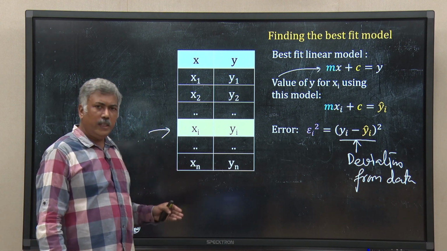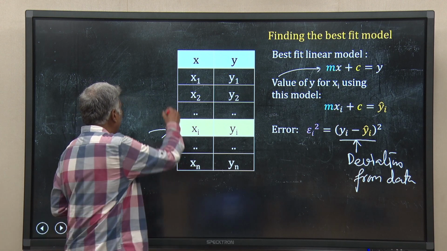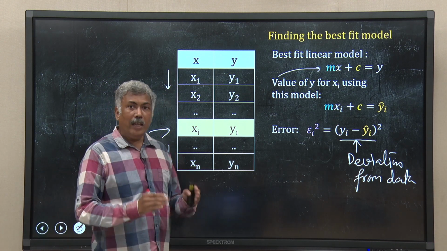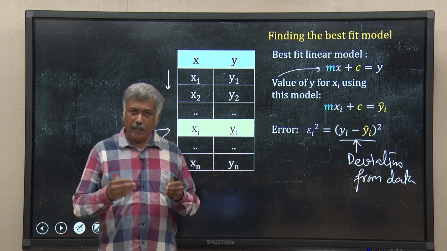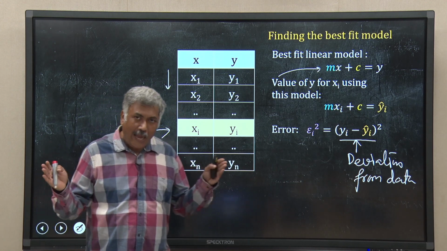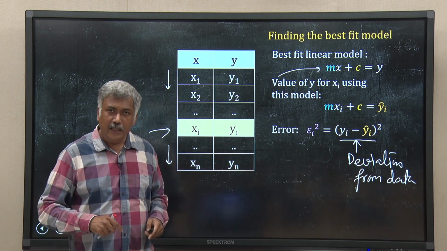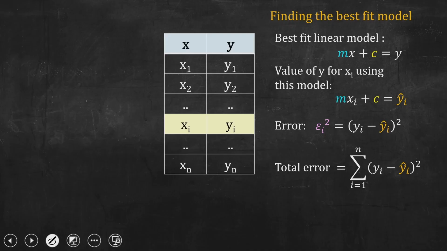Now, I can do this whole thing for all the data points starting from 1 up to n. So, I will have n number of error squares. So, I will add all those errors together. That will be my total error, right. So, that is what I do, I add all of those errors.